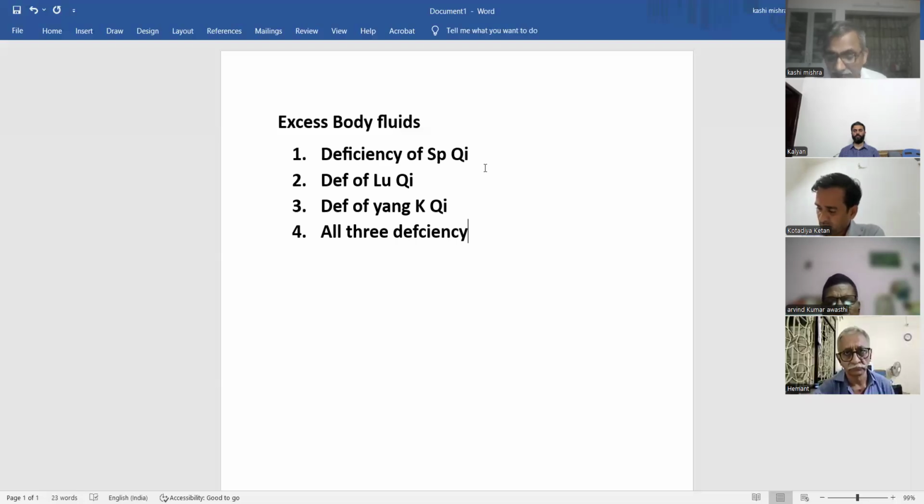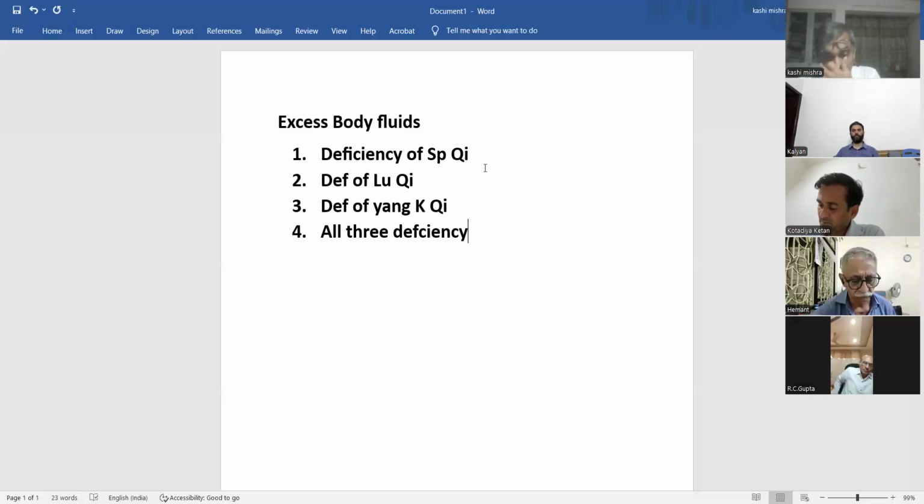That further helps the transformation process. Obviously, an excess of fluid indicates impaired functioning of one or many of the organs, that is spleen, kidney and lungs. तो तीन चीजें, तीन organs और तीन meridians सबसे ज्यादा important हैं. कौन कौन से? Spleen, kidney and lungs.